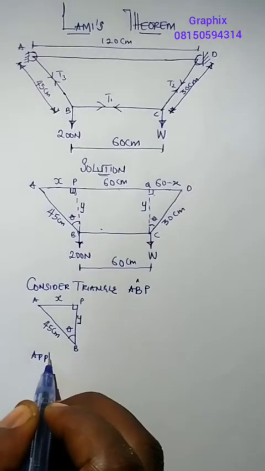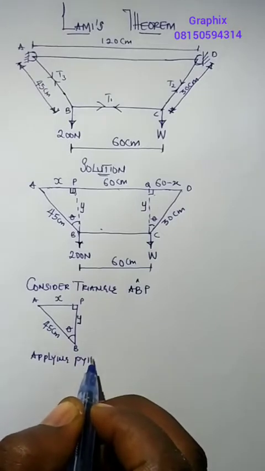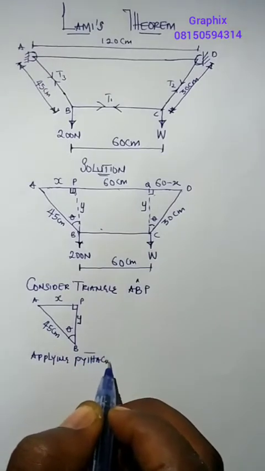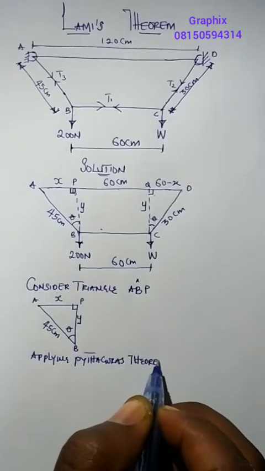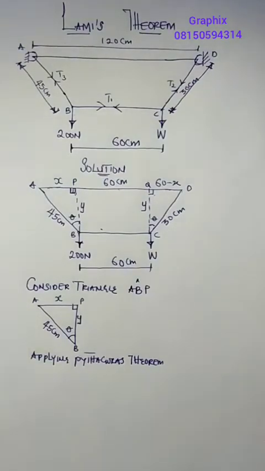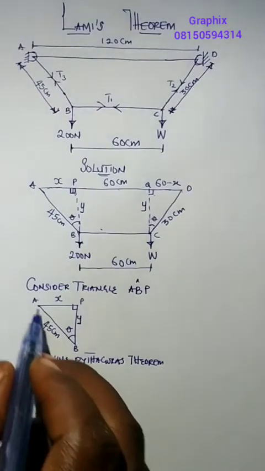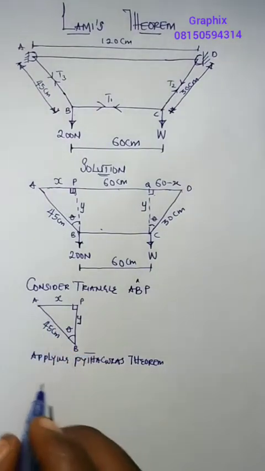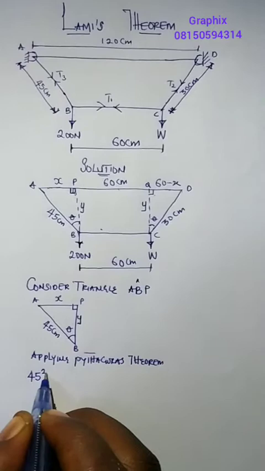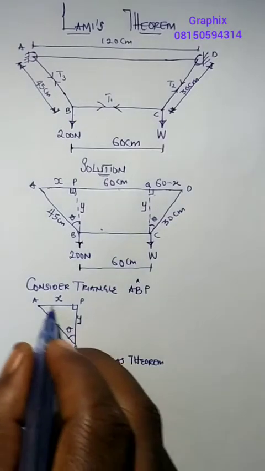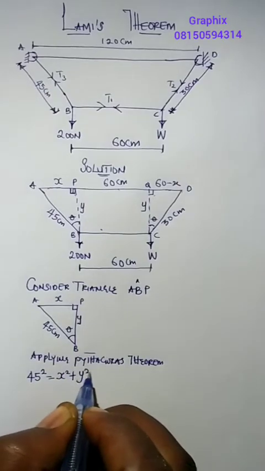So applying Pythagoras theorem, we will say that the longest side, the hypotenuse squared, 45 squared, is equals to the other two sides squared, right?